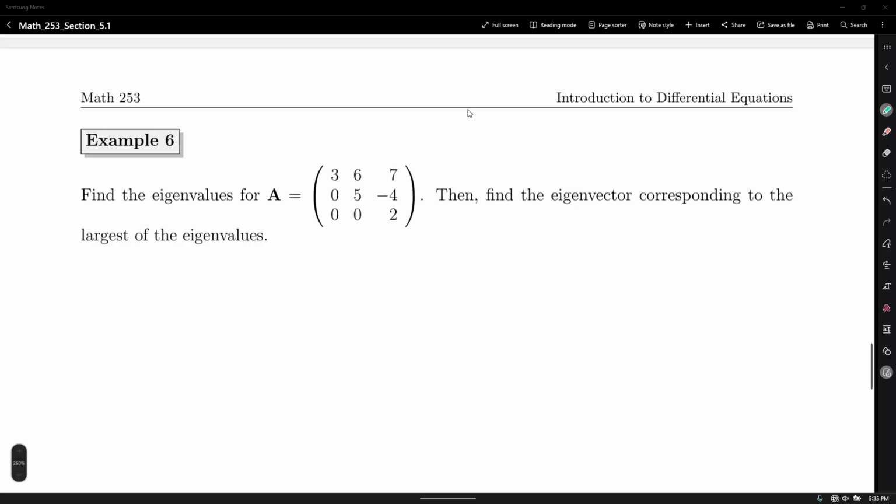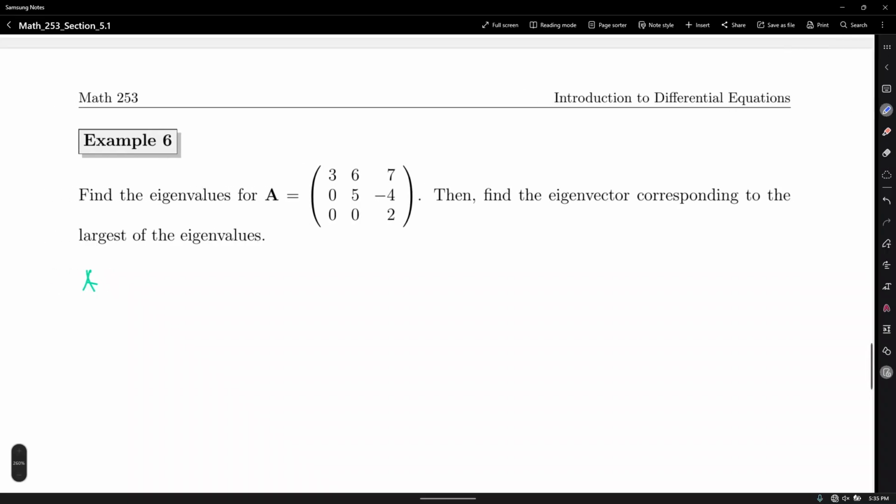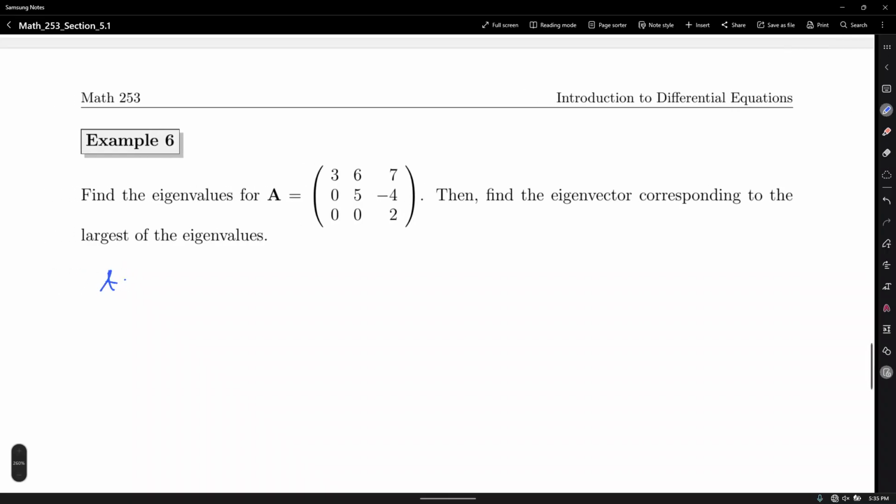Okay, so let's say A. A minus lambda I means subtracting lambda from the elements along the main diagonal: 3 minus lambda, 5 minus lambda, and 2 minus lambda. The remaining elements remain the same.